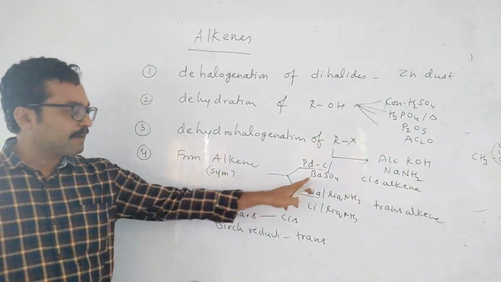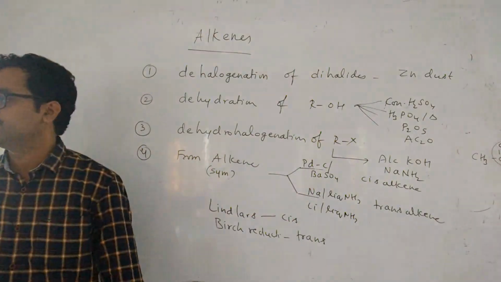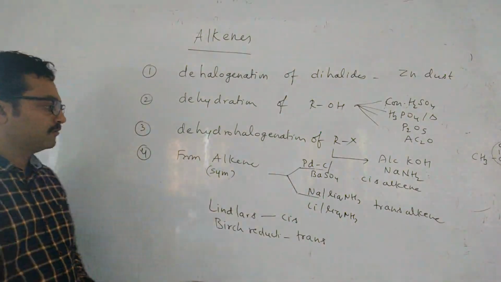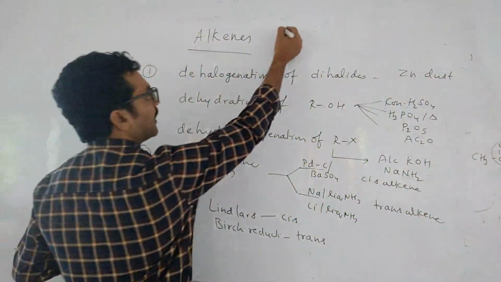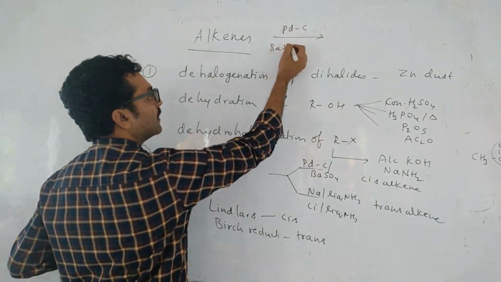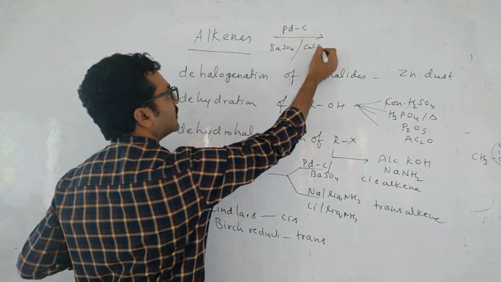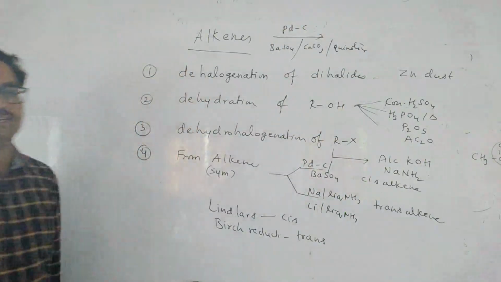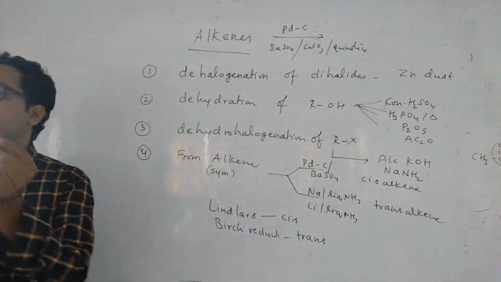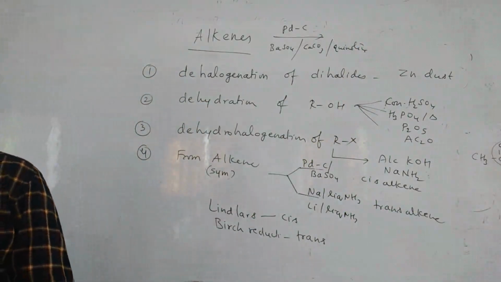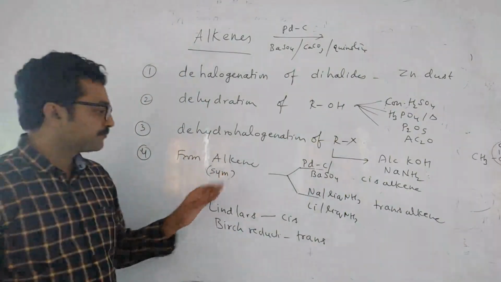So here, what is the purpose of BaSO4? Anyone? Instead of BaSO4 you can take CaCO3, you can take quinoline also. So what is the purpose of that thing? It is a catalytic poison.